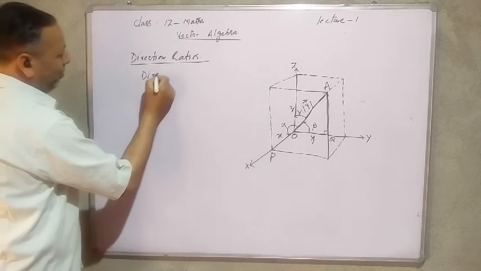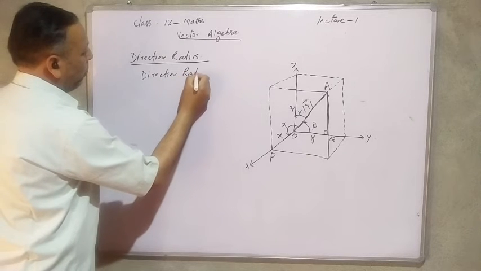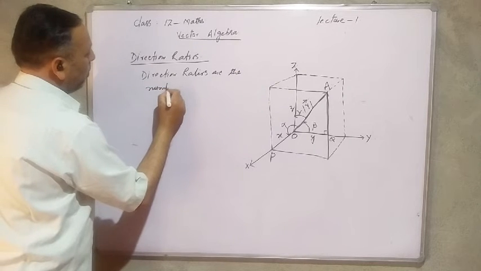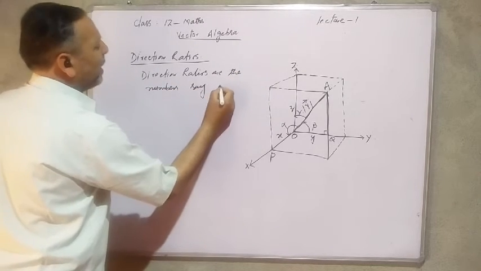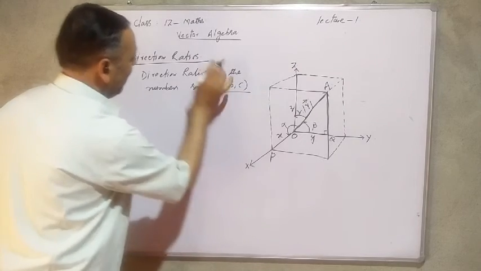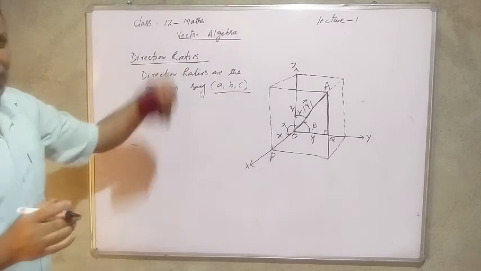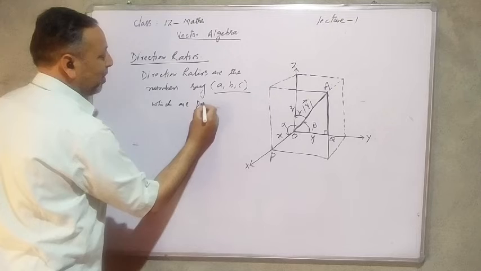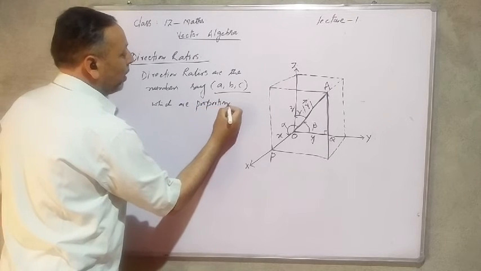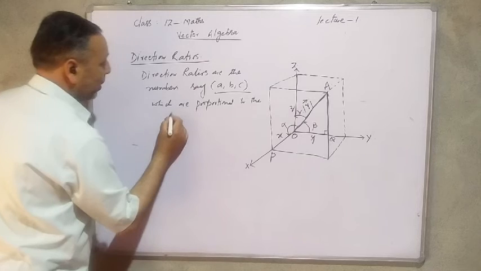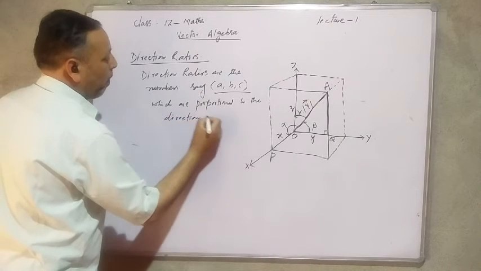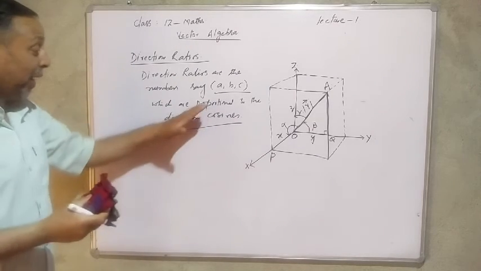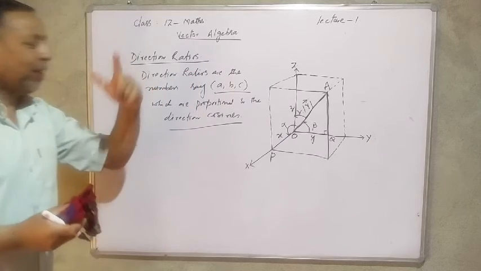Direction ratios are the numbers, say A, B and C, which are proportional to the direction cosines. The numbers which are proportional to the direction cosines are called direction ratios.